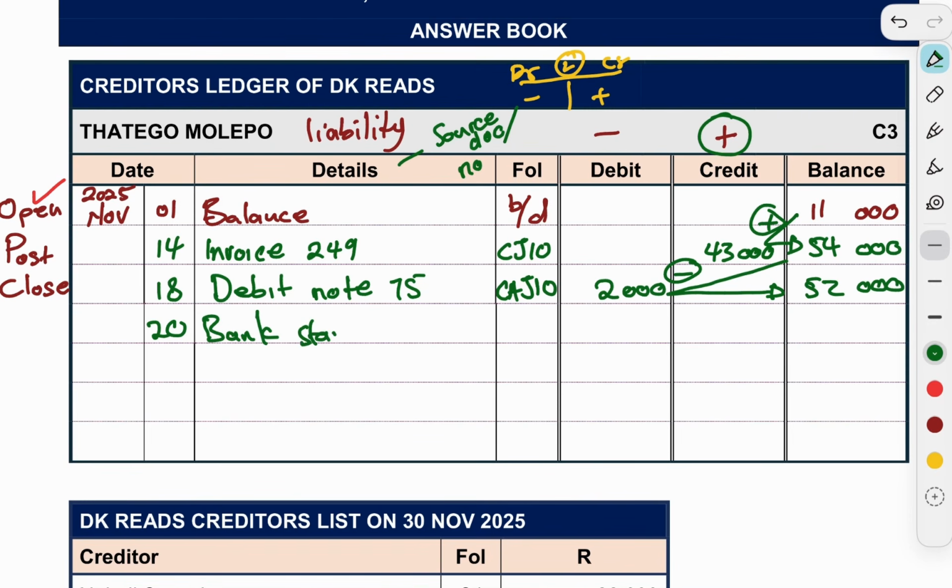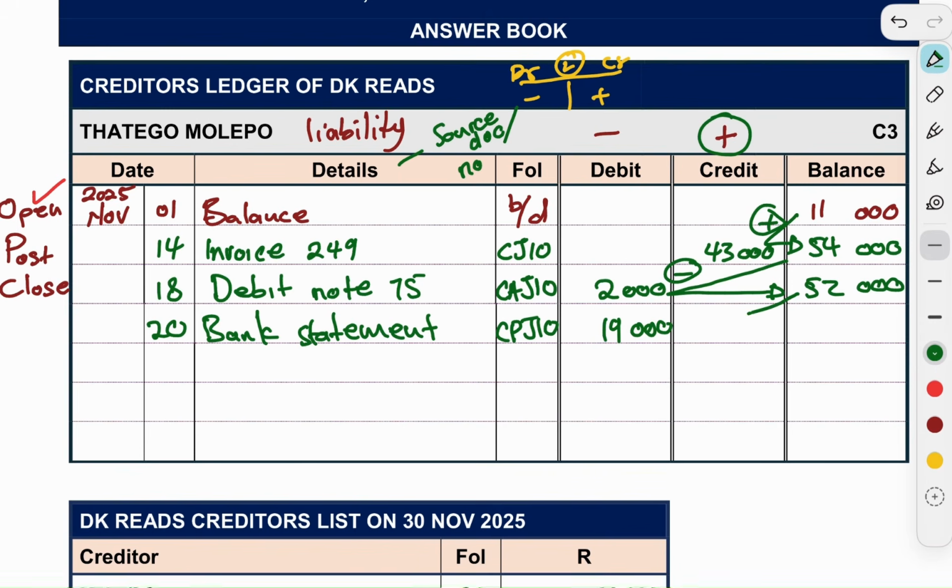It doesn't have a number, so we'll just write the name. Bank statement, spelling, bank statement. And then CPJ number 10. We extracted this transaction from the CPJ. We are reducing the account by 19,000.